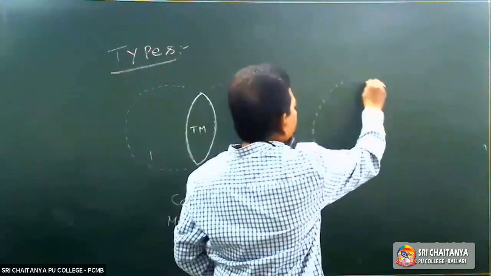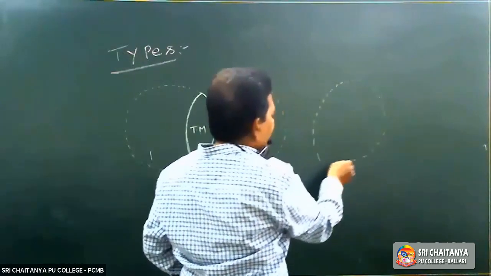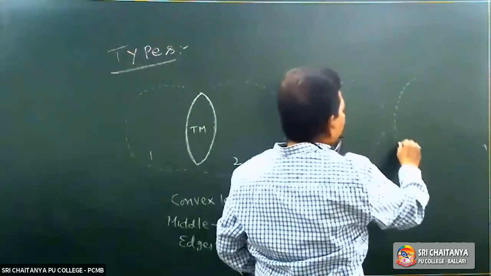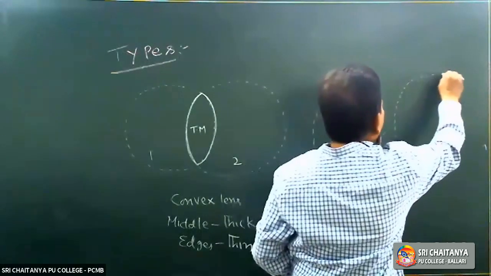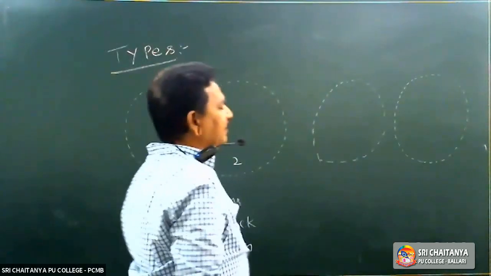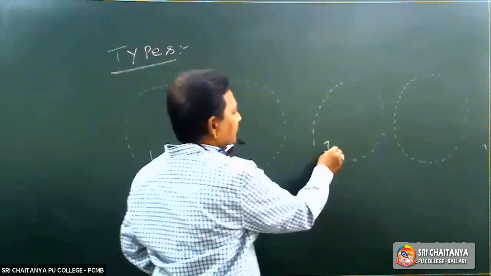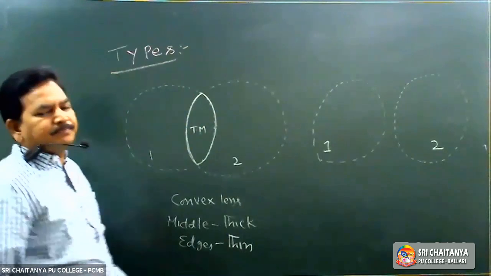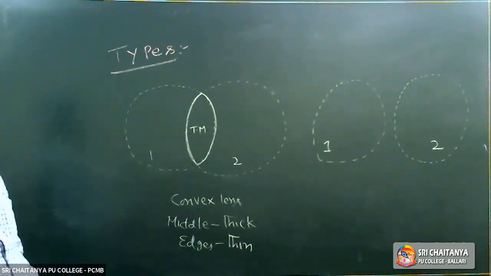The two more spheres may be of the same radii or different radii, but they are not intersecting, separated by a certain distance. First sphere, second sphere, a small gap, separated by a certain distance.